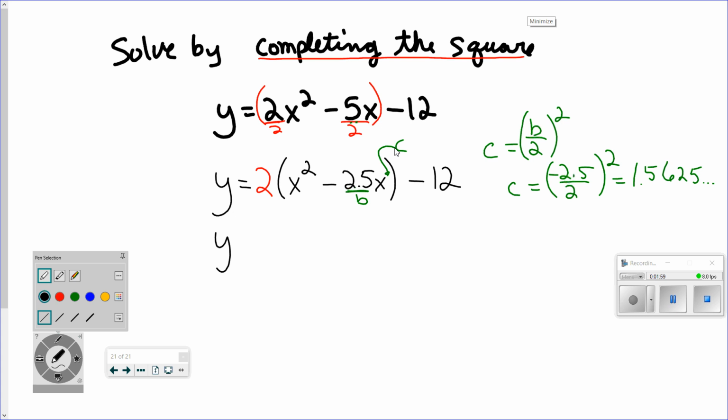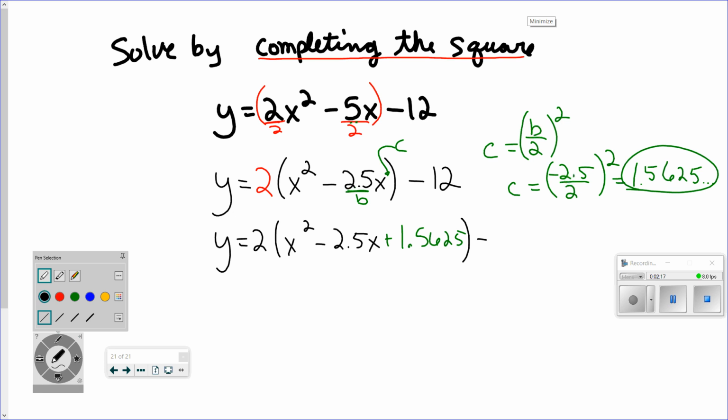Okay, so then we have y equals 2x squared minus 2.5x. Then we're going to be adding that new c value that we found over here on the inside of the parentheses, so 1.5625. Close the parenthesis, bring down the minus 12. We have to balance this equation. We wrote plus 1.5625.